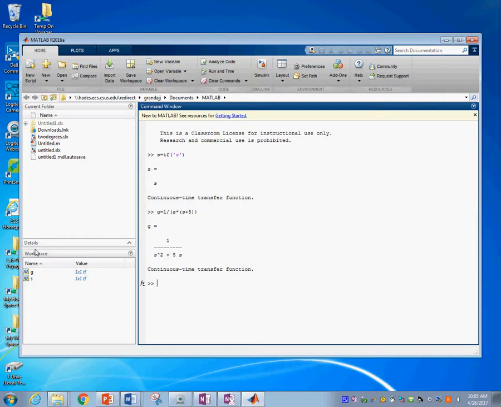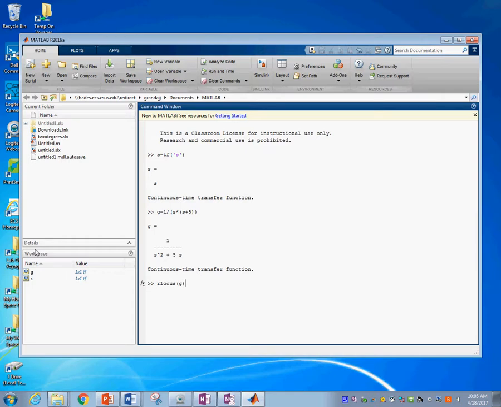What we're going to do is ask the computer to plot for me the location of these poles by plotting the root locus of all these roots.